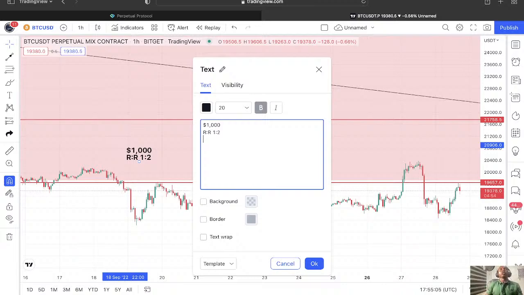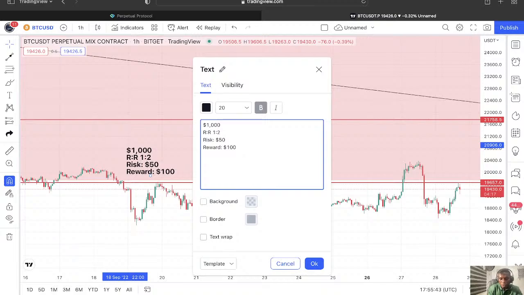Now let's say you are looking to lose $50. Which means you are risking $50 for a reward of $100. All right, so which means you are minding your lot size.